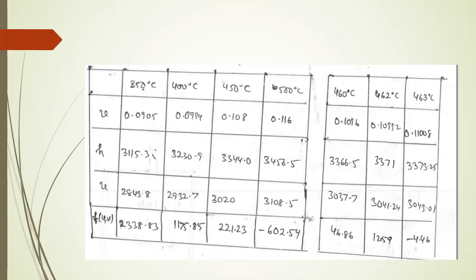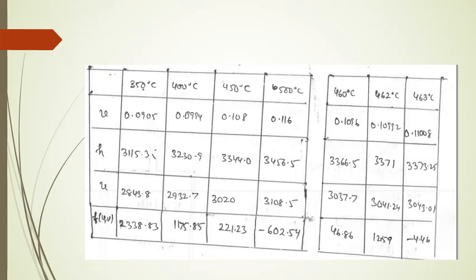Now the truncated part or the cutoff part of the table is having the values at 460 degrees Celsius, 462 degrees Celsius, and 463 degrees Celsius. So here we observe that the change of sign is taking place between 462 degrees Celsius and 463 degrees Celsius. So basically earlier we came to the conclusion that the solution lies between 450 and 500 degrees Celsius.